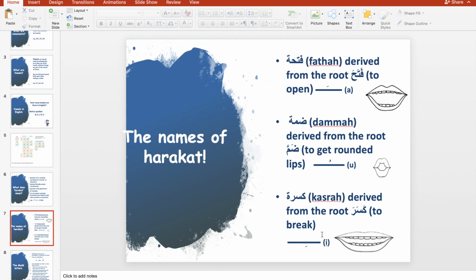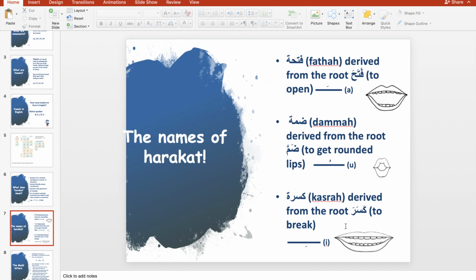Finally, kasra. Kasra comes from the root kasara, which means to break. It tells you to break the normal, usual shape of your mouth and to move backward or retract the lower part of your mouth, thus to make the sound E, the short, quick sound E. That's exactly how your mouth would look like.